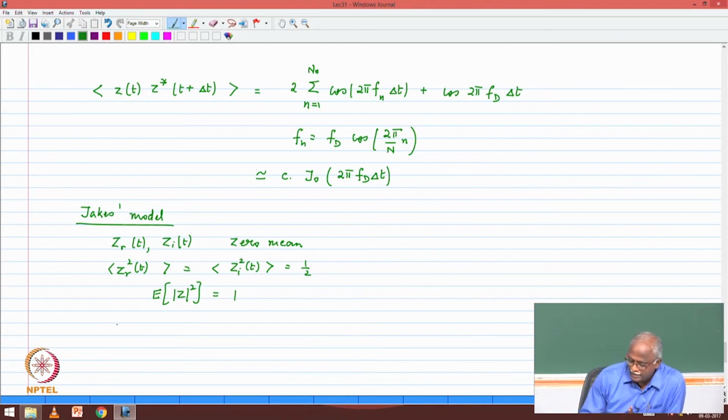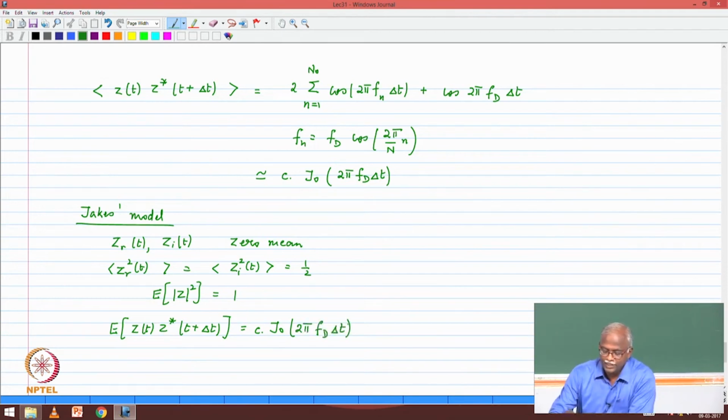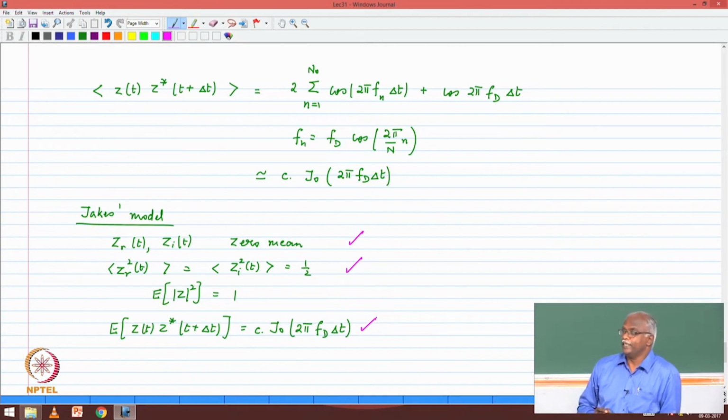It also has the correct expected value of z of t, z star of t plus delta t, a stationary process which gives some constant times j naught 2 pi f d times delta t. So it satisfies the important things: zero mean, the proper variance, and the appropriate time correlation that we need.